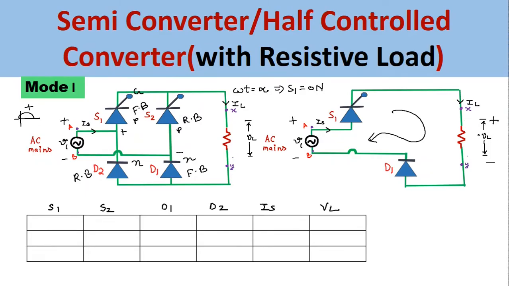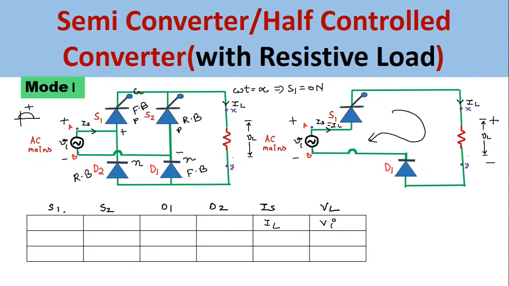That means the shape of the load voltage waveform will be equal to the shape of the load current waveform, because we are using the resistive load here. What will be the source current? It will come like this. That means the source current will be equal to load current here. So we will get source current is equal to load current, and load voltage will be equal to VI here. That means the load voltage will be equal to input voltage.